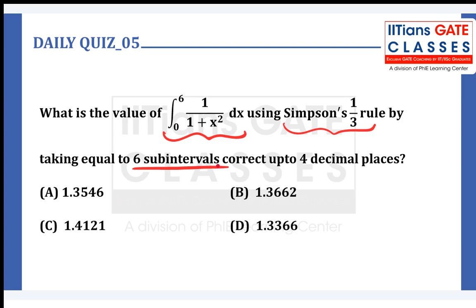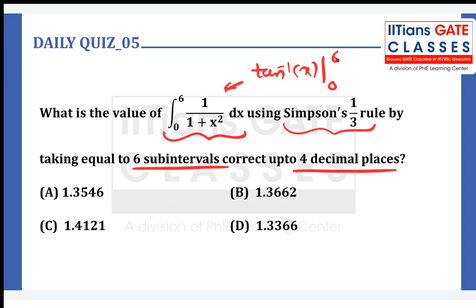And you're supposed to find the answer correct up to 4 decimal places. Okay, so this question stops here, but in many GATE questions I've seen, because this is integrable directly also, it will be, if I'm not wrong, tan inverse x integration, and then you're supposed to put the limits 0 to 6.